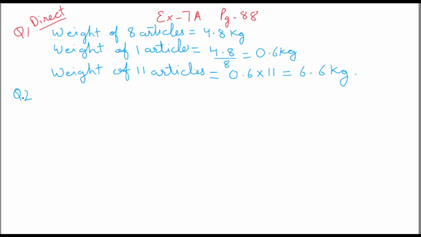Question number 2 is: 6 books weigh 1.260 kg. How many books will weigh 3.150 kg? Here also, first of all, we will see that when a book is added, the weight also increases. So this is also direct variation.